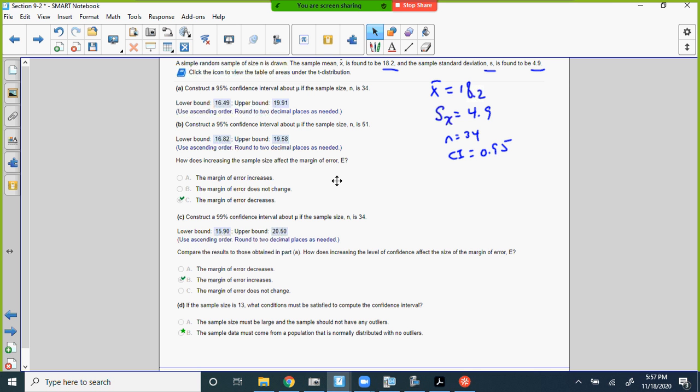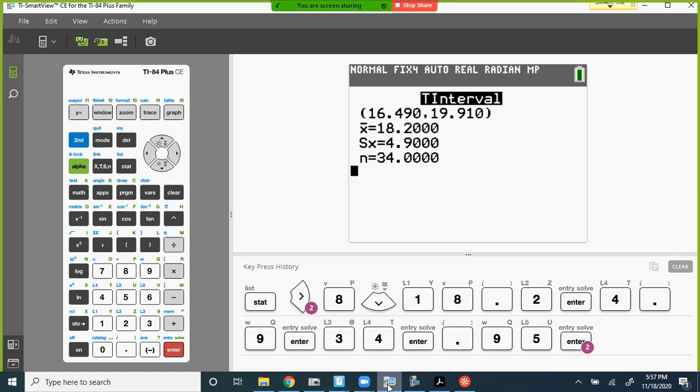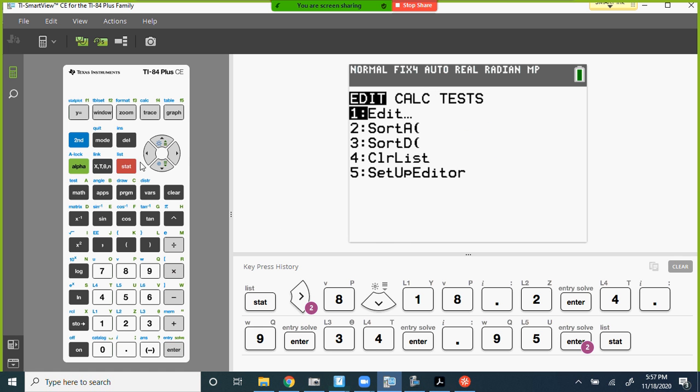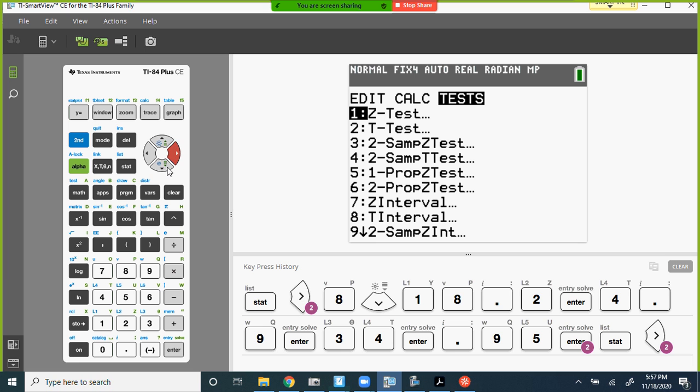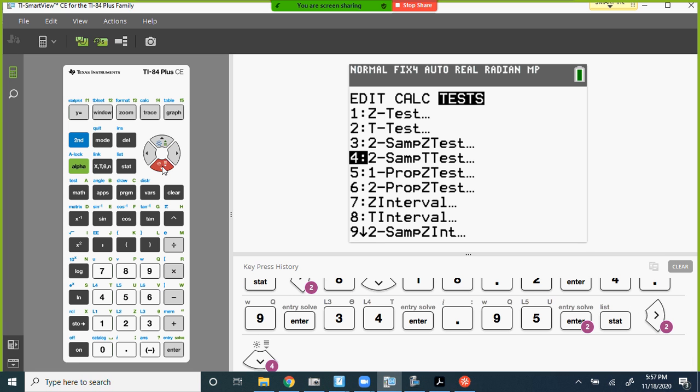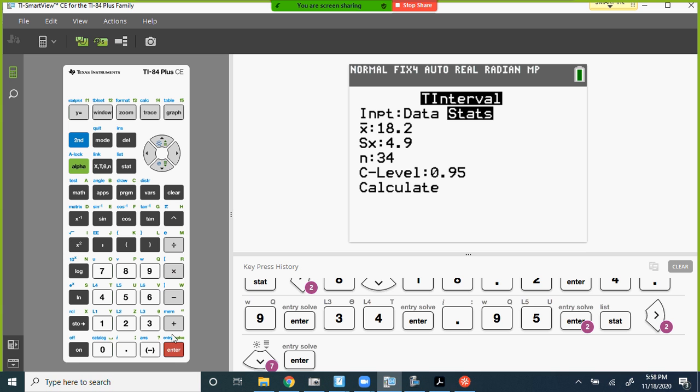We do this again with a 95% confidence interval and now an N of 51. So all we're going to do is come back over here. We'll go to stat. The only thing we have to change is our N, right? We're going down to number 8. You have to arrow down.